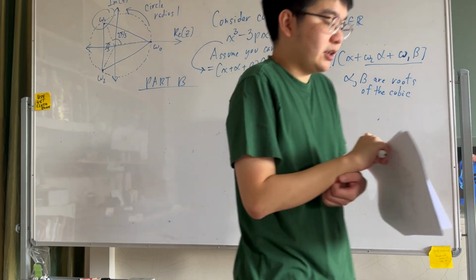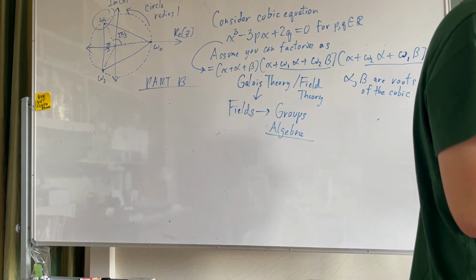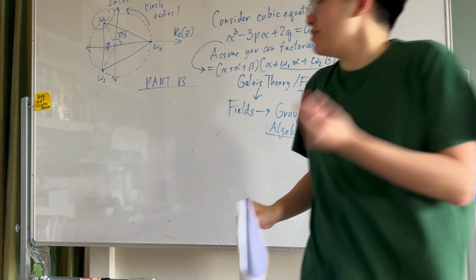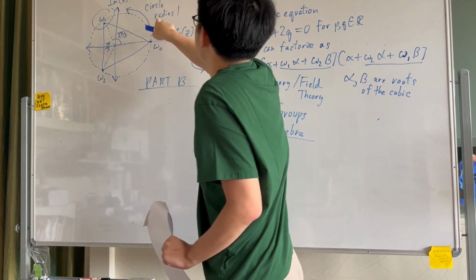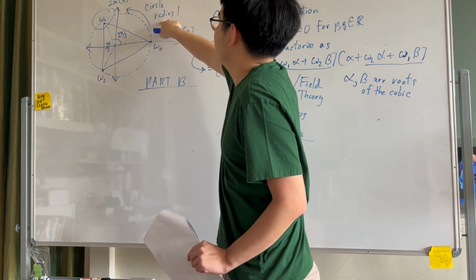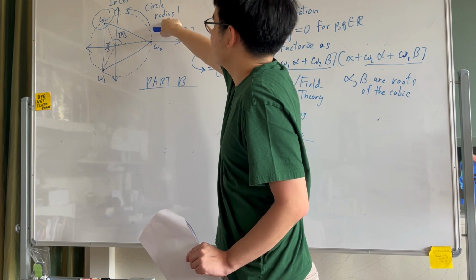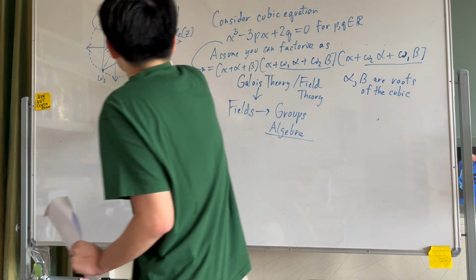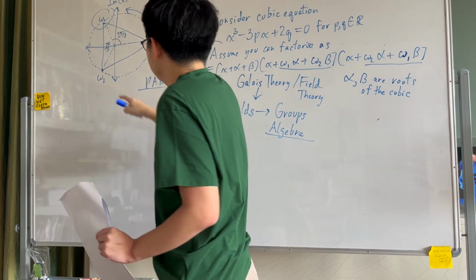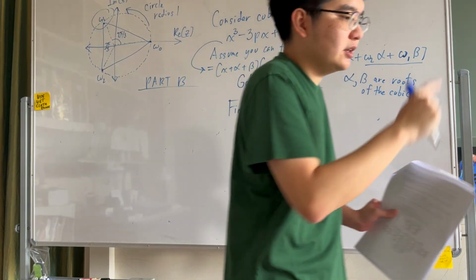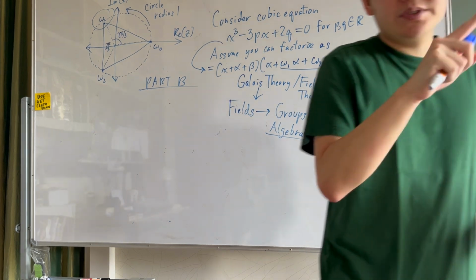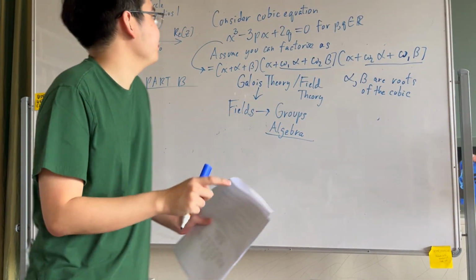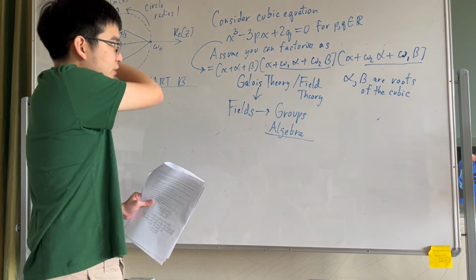Now, unfortunately, I should say it doesn't really change the length, because the circle we're dealing with is a unit circle here, of radius 1. But every time you multiply by these roots, omega naught, omega 1, omega 2, you are rotating your roots of the cubic function around this weird circle.